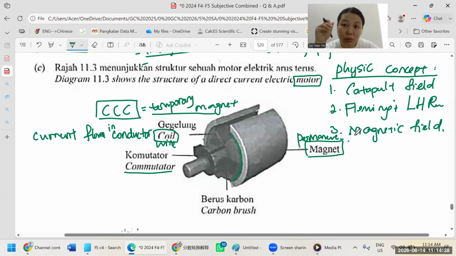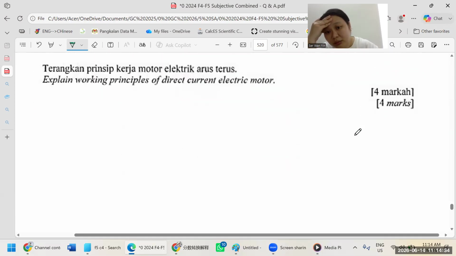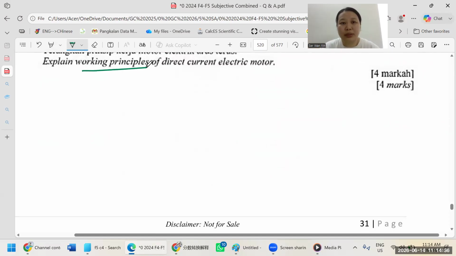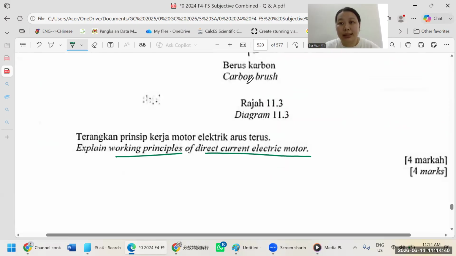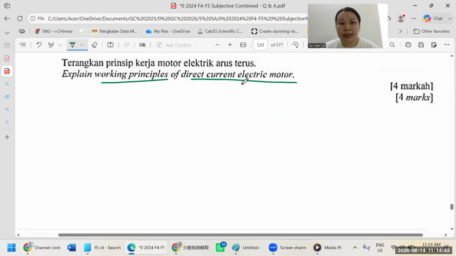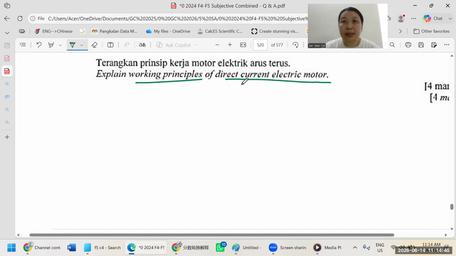See, before you read the question, you analyze first. Now, explain the working principle of a DC electric motor. Catapult field. Working principle, catapult field, number one.